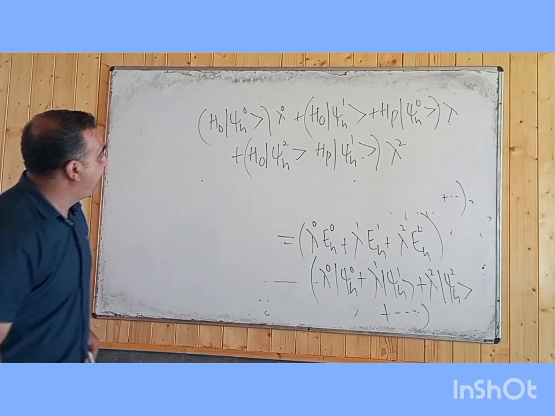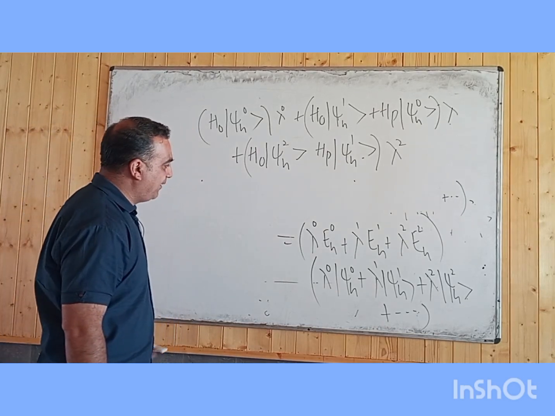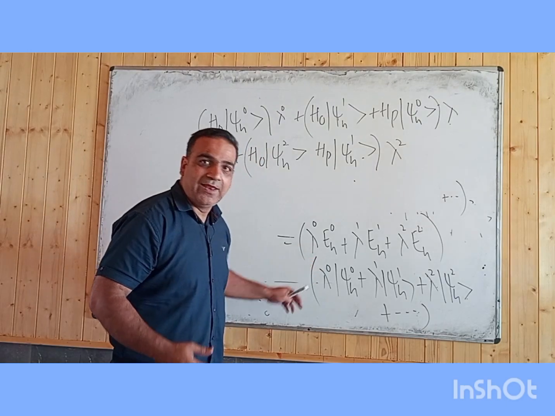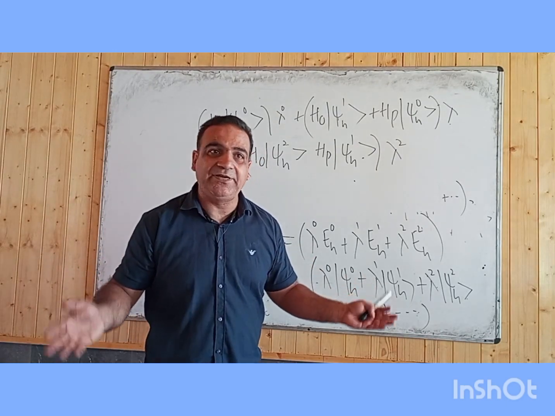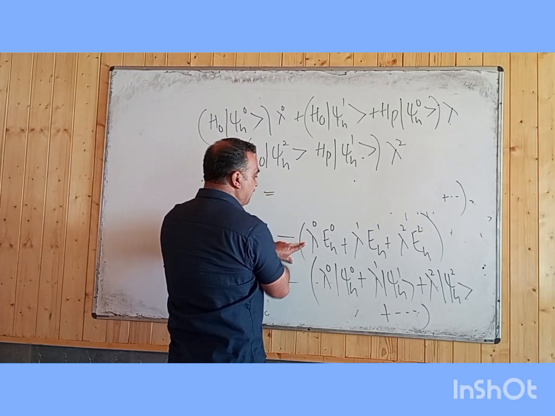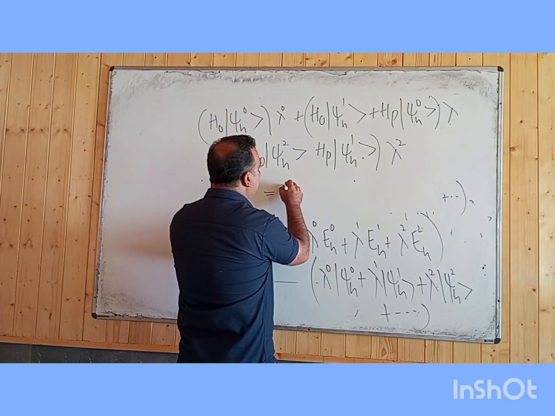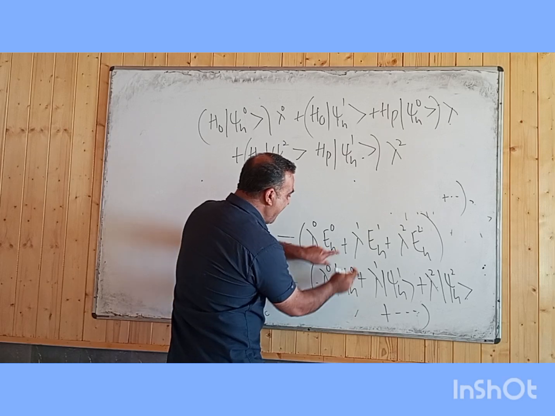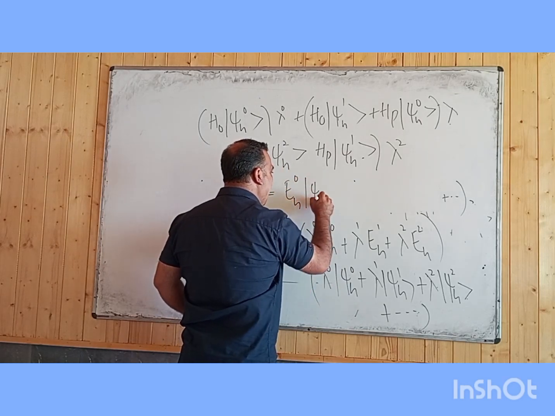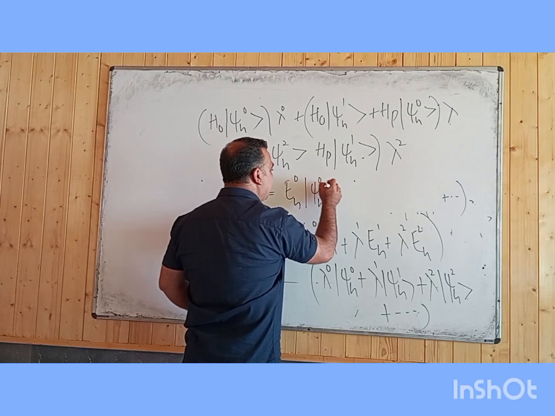Now move on. Now we have to multiply. Did I miss something? No. Now let's go with this, okay? And try to obtain the same coefficients in the right hand side. So the first one will be what? This will be equal to E n naught psi n naught.